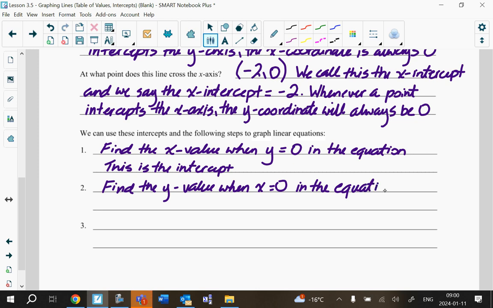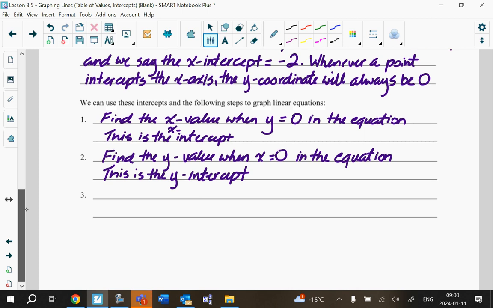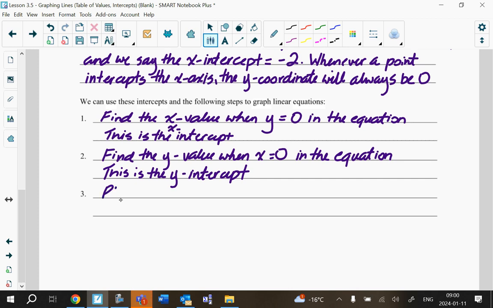So this is the y-intercept. Oh, sorry, I should have put, that's the x-intercept up there. This is the y-intercept. Now that you got the 2 points, plot the 2 points and draw the line.